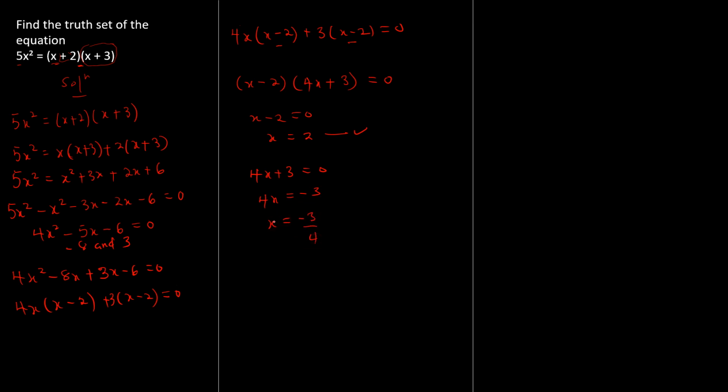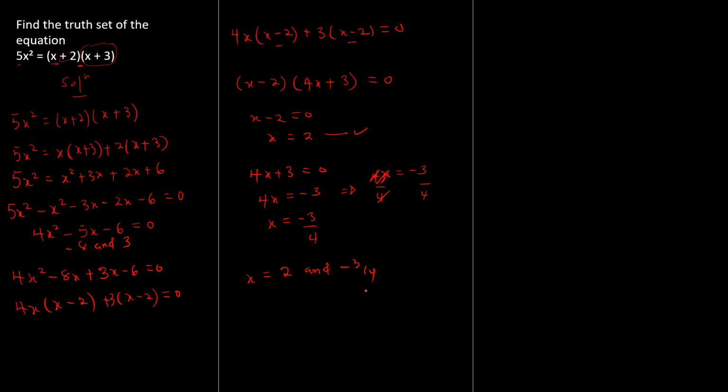You can just divide both sides by 4 and cancel the 4, which leads you to x equal to negative 3 over 4. I just skipped that, okay? Most times it's not really necessary for you to show it, but you should show it if you want to. So we have x equal to positive 2 and also negative 3 over 4.